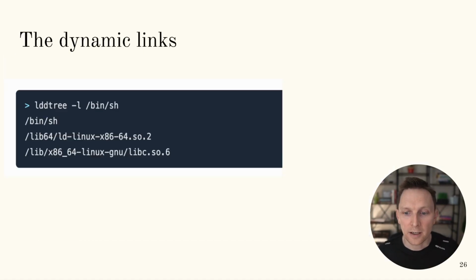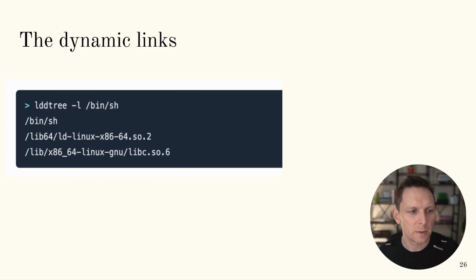That's because on Linux there is dynamic library loading, right? On Linux there are dependencies. If you run ldd on this bin sh, it will give you a dependency list. And if you run ldd on those, they each might have further dependencies. Or what I like to do is this ldd tree, and it gives me a list of dependencies, right?